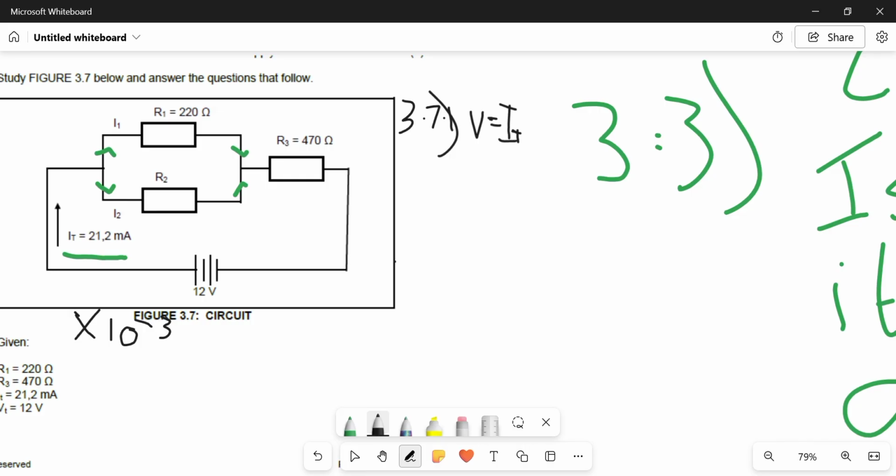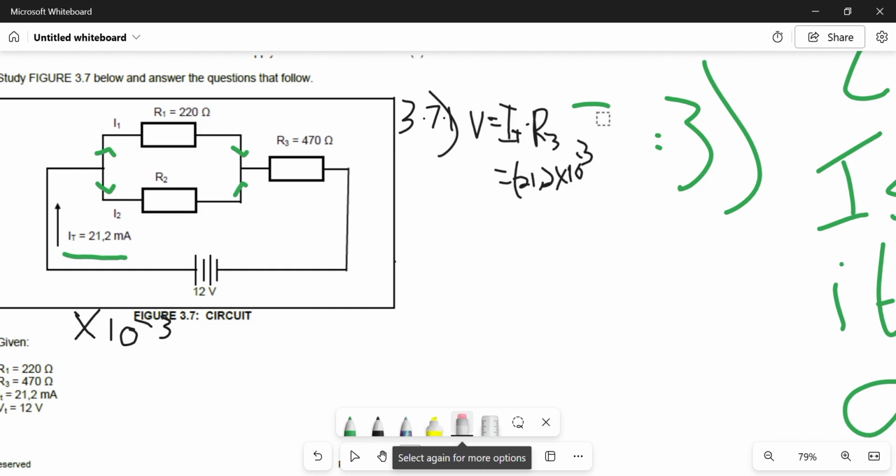So we're just gonna say IT times R3. So it will be 21,2 times 10 to the power minus 3. Let me just remove some space here.